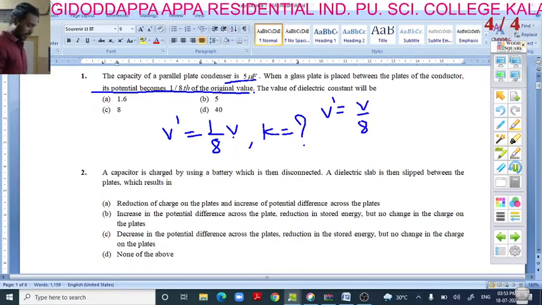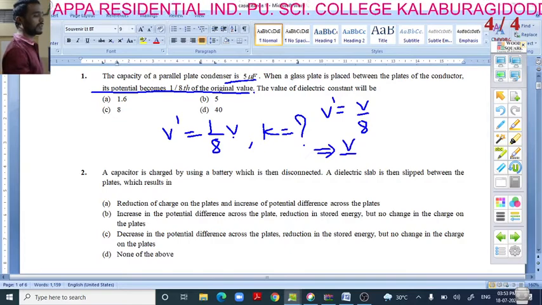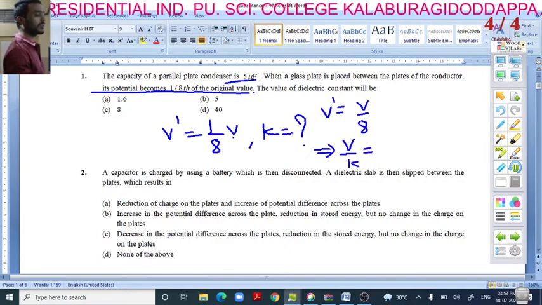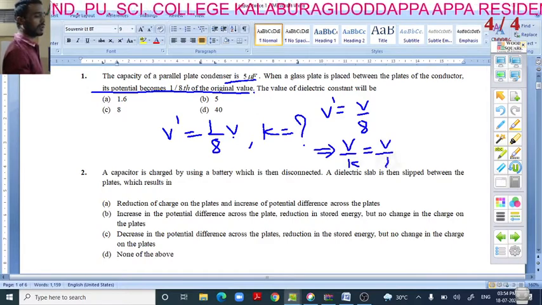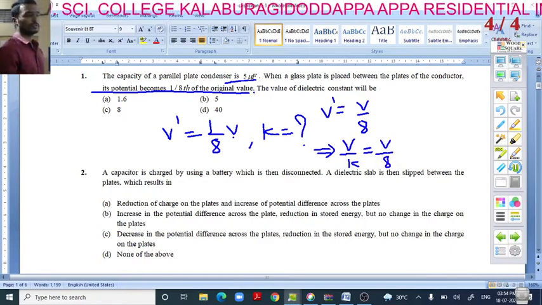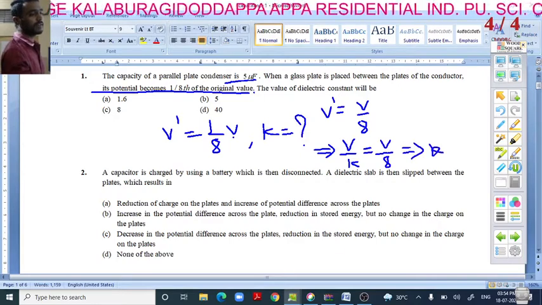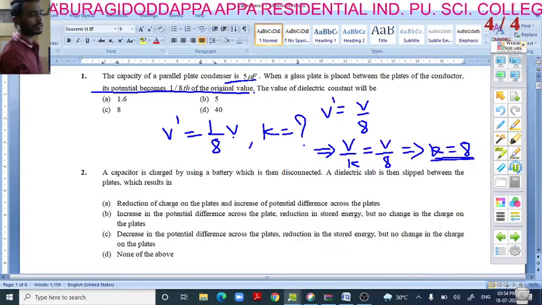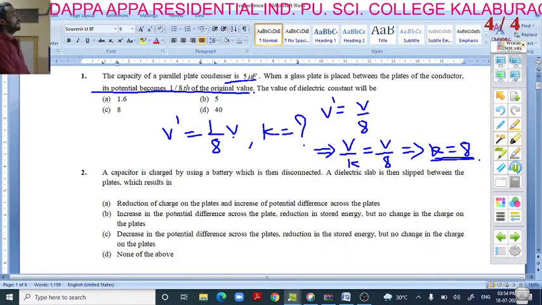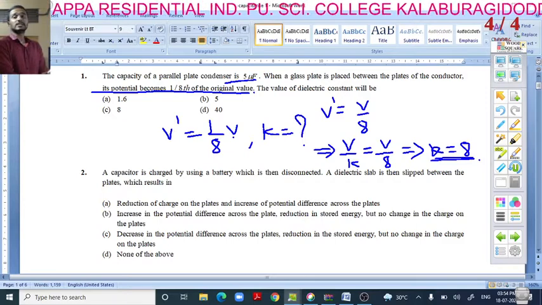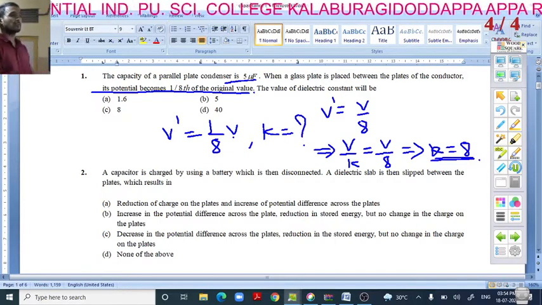So this I can also write as V divided by K is equal to V divided by 8. So this implies K is equal to 8, because capacitance of capacitor increases as we introduce the dielectric medium between the plates.